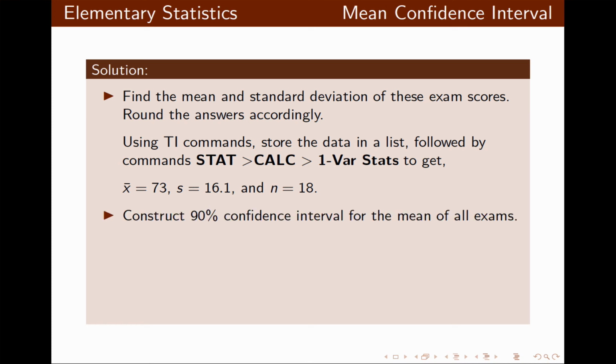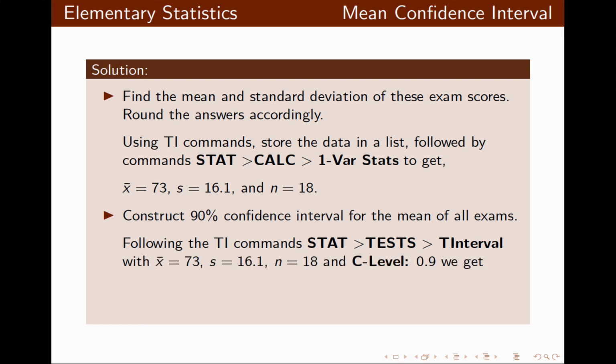Now to construct a 90% confidence interval for the mean of all exams, we're going to go to Stat, we're going to go to Tests, and then we're going to pick the option T Interval. We enter the values for x bar, s, n, and the C level.